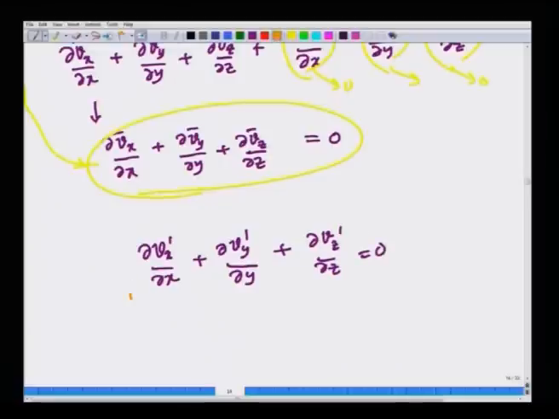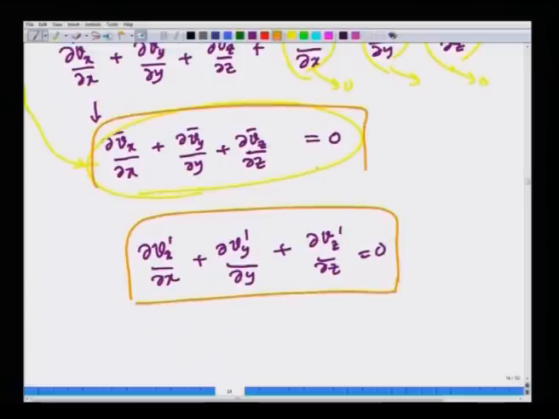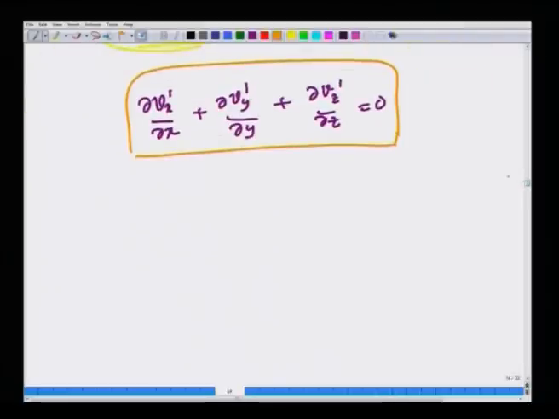Okay. So we have found that the mean velocity satisfies the actual mass conservation equation, del dot V is 0, and we have shown that the fluctuating velocities also satisfy the mass conservation equation. So this is the result from doing time averaging of the mass conservation equation.